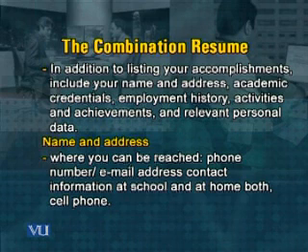Sometimes we include both our residential and office addresses as well as phone numbers. In today's situation, our cell phone. So the first part of the resume is the name and address of the person writing the resume.